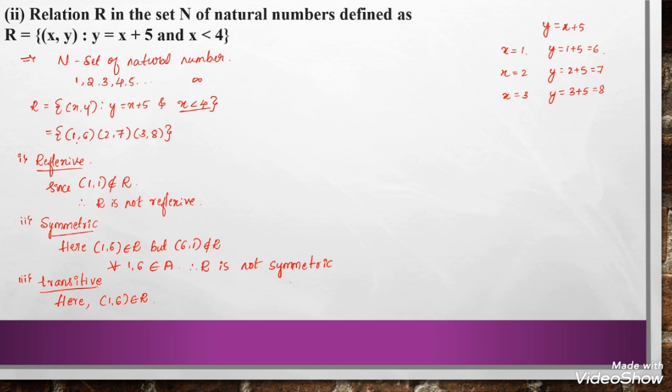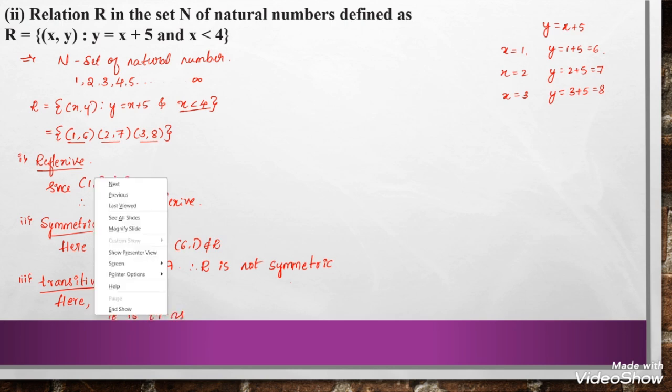The ordered pairs are (1, 6), (2, 7), (3, 8). While observing them, there is no common element related between them; the domain and codomain are different. If there is only one ordered pair present, then it is transitive.